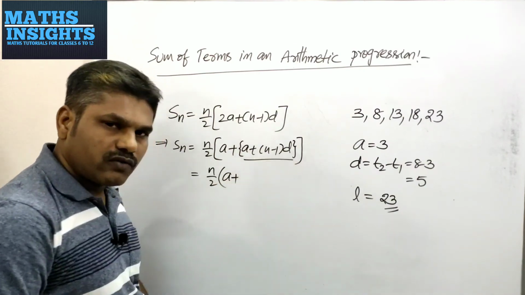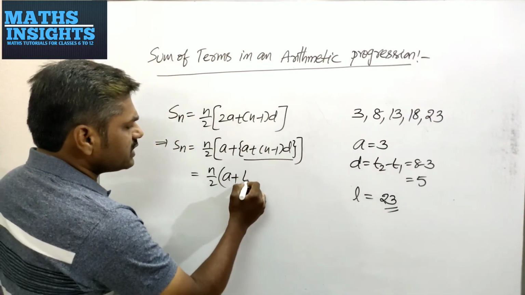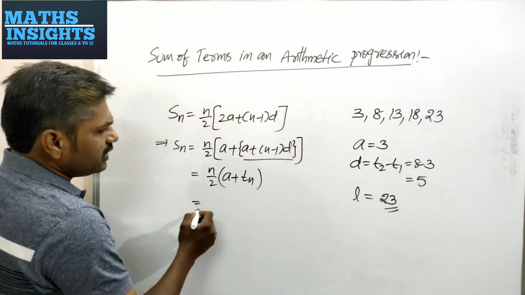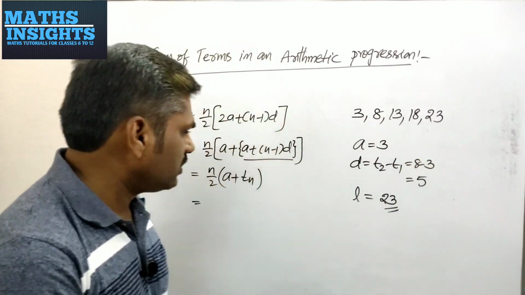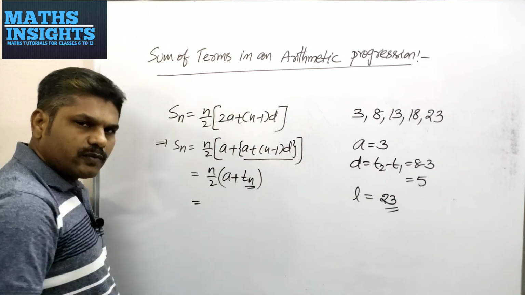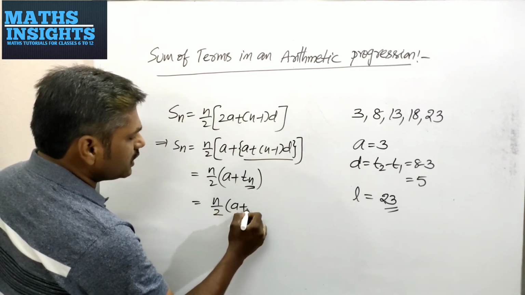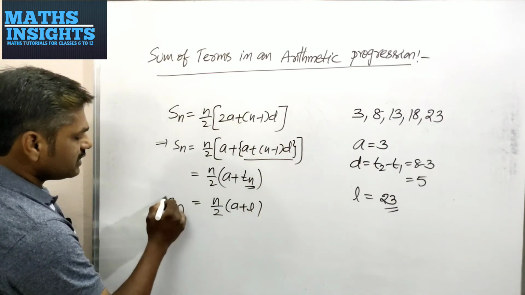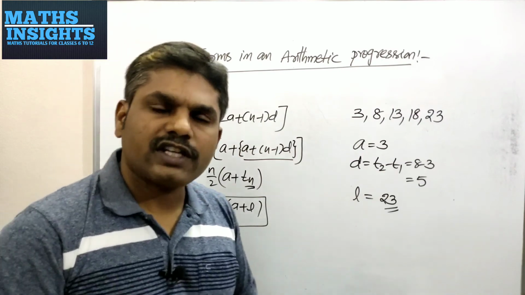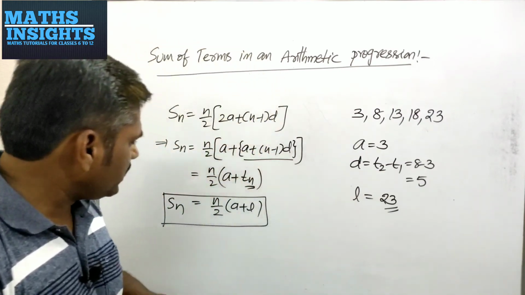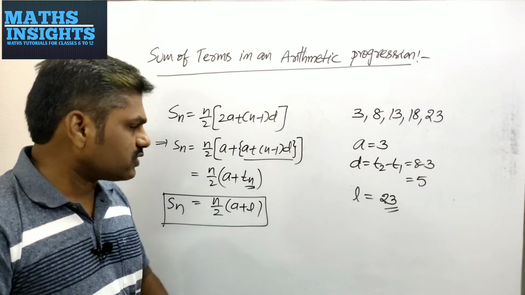You know the formula for the nth term is a plus n minus 1 into d, so you may write Tn. Tn is the last term of the arithmetic progression. So I will replace Tn with l: n by 2 into a plus l. This is the formula for finding the sum of terms in an arithmetic progression if you know the last term, the first term and the number of terms.